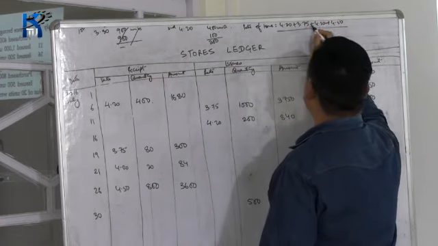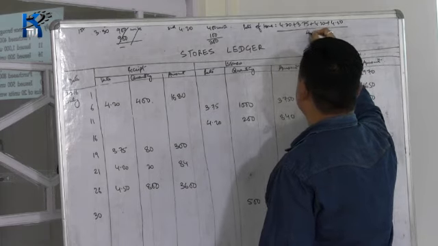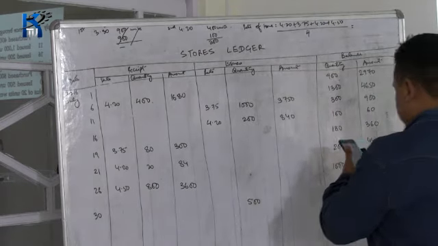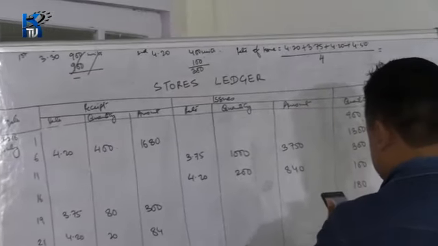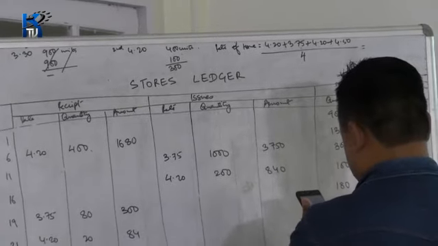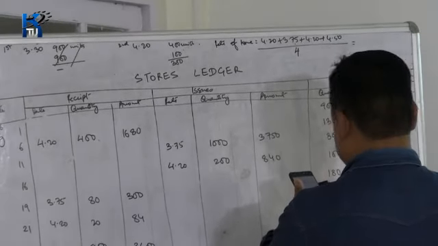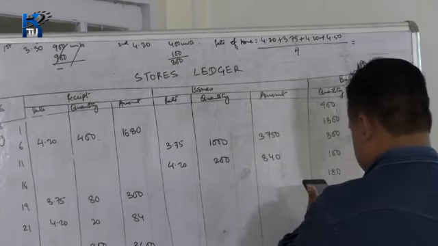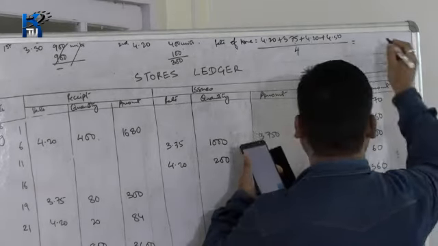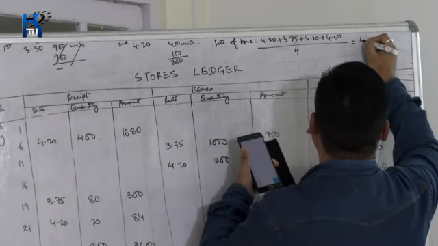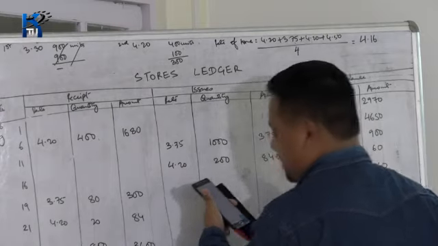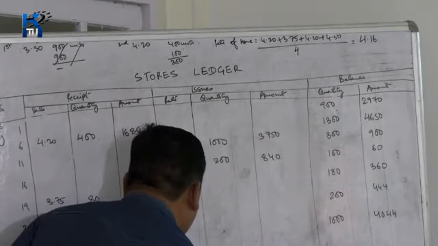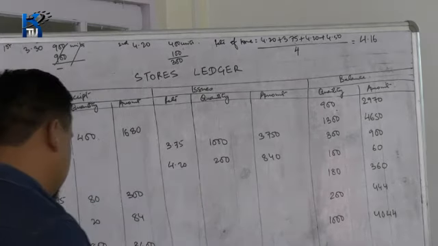In total, there are 1, 2, 3 and 4 batches, so divide by 4. So the rate will be 4.2 plus 3.75 plus 4.20 plus 4.5 divided by 4. So we will take an approximate value of 4 rupees 16 paise. So the rate on this date will be 4.16.